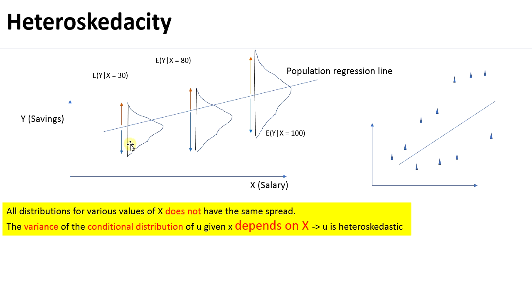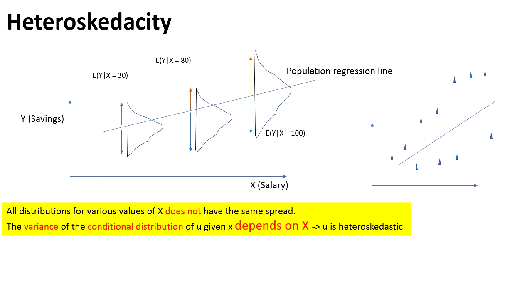The spread, the variance of the conditional distribution of u, which is the error term, is not the same. It keeps increasing as the value of x increases. In other words, as the value of your independent variable increases, the variance of your error term keeps increasing. In this case, the error terms are called heteroskedastic.